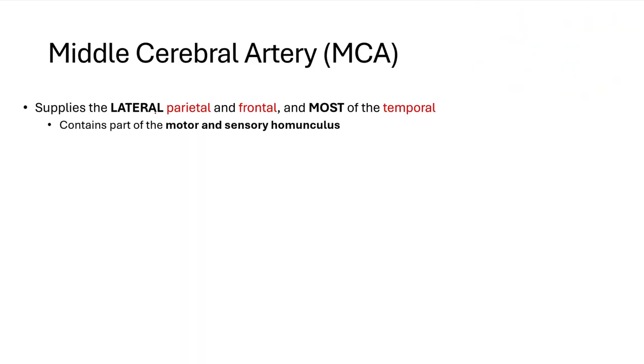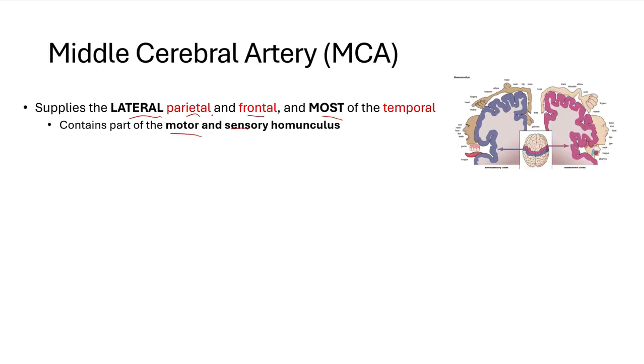Now let's compare this to the middle cerebral artery. This supplies the lateral parietal and frontal lobes, and typically most of the temporal lobes. And it also supplies the motor and sensory homunculus. In this case, it's supplying the lateral aspect, so it'll supply the upper extremities, aka the face, as well.